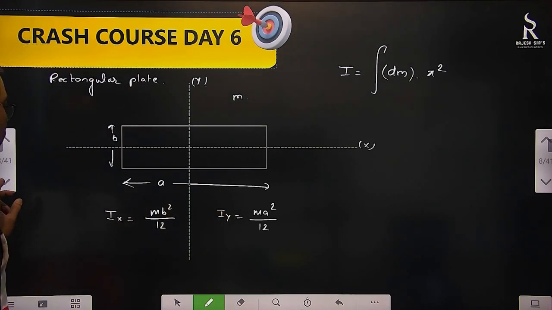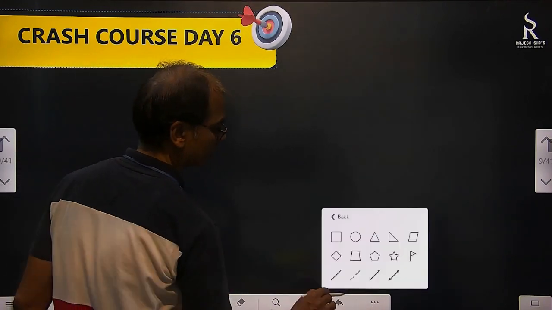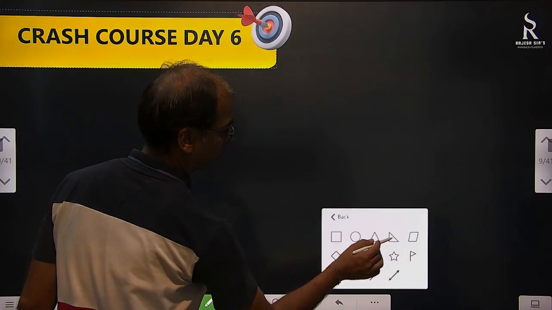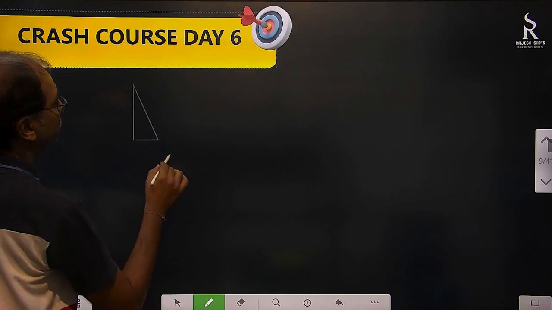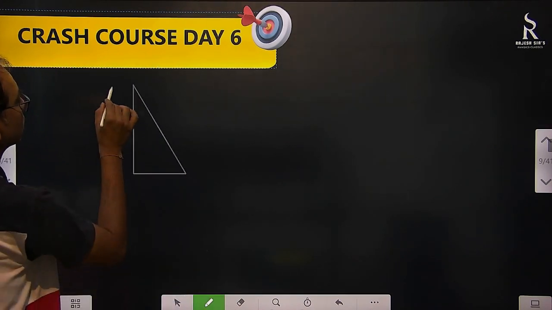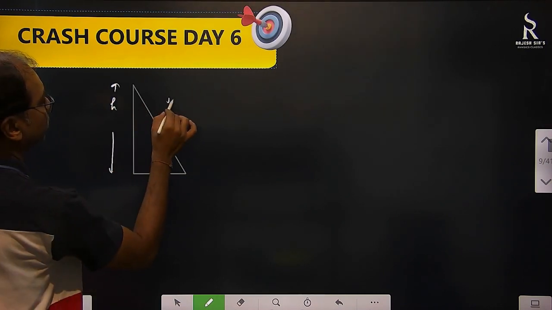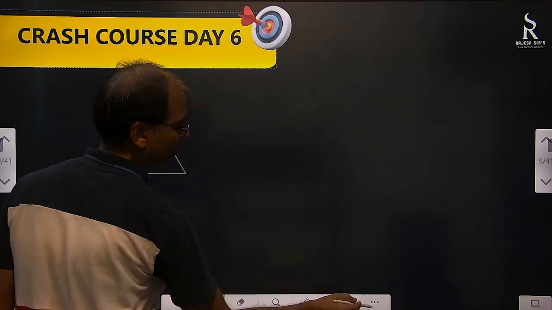Then what more? Anything more is there? Yes, triangle also you remember. For triangle, what do we have? Suppose we are taking this right angle triangle. This is height h, mass is m, and we want to find moment of inertia about its base.